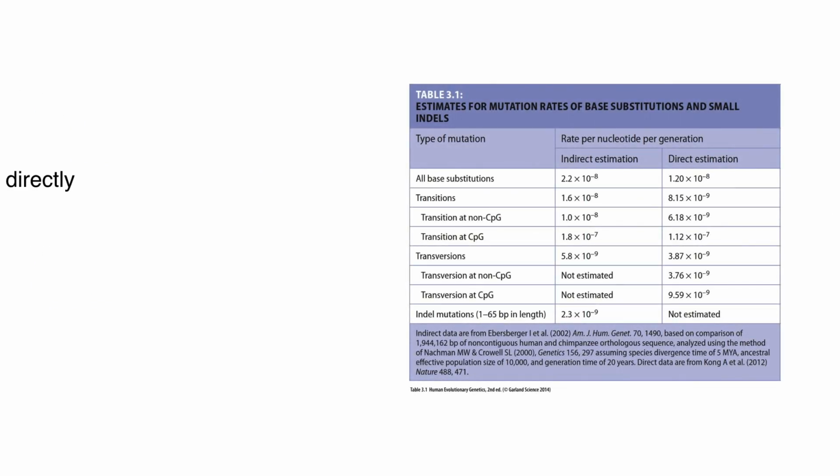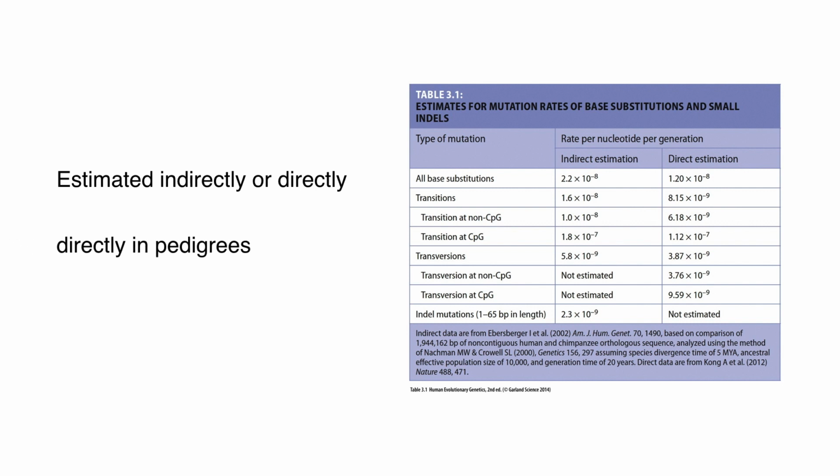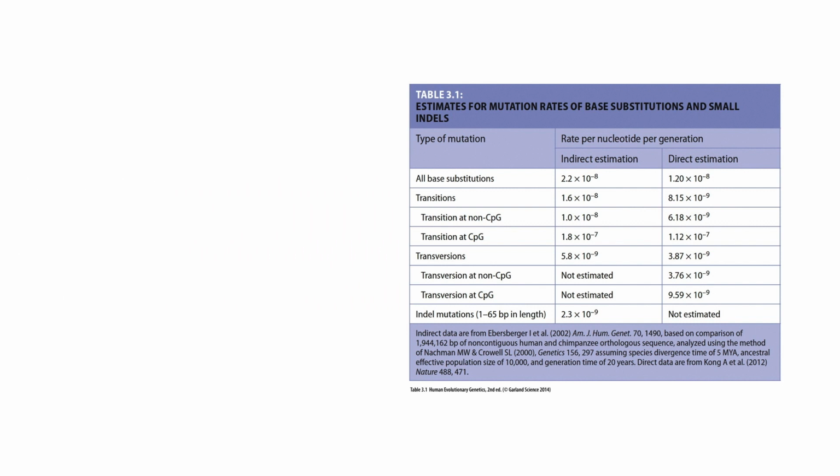The rate of base substitution can be estimated either directly or indirectly. The mutation rate in nuclear DNA is often so low that until recently it was impossible to measure directly in pedigrees, and indirect approaches were therefore used.